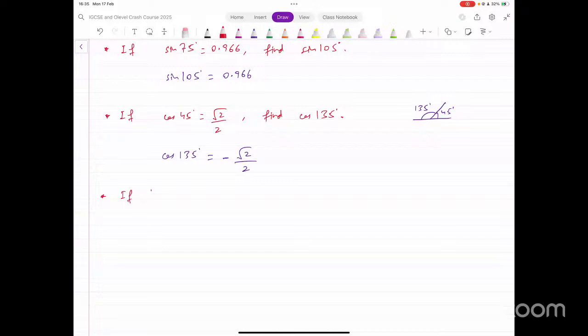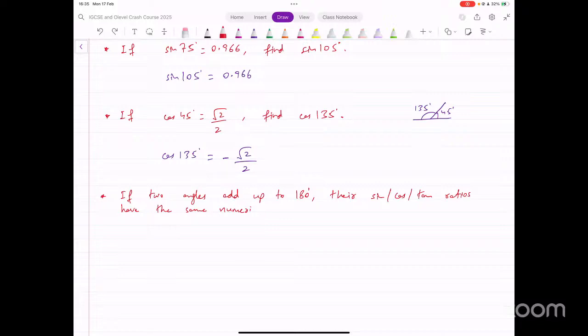If two angles add up to 180, their sine, cos, tan ratios have the same numerical values. Numerical value means if you ignore the negative sign, this number here is going to be the same. You're going to have the same numerical value.